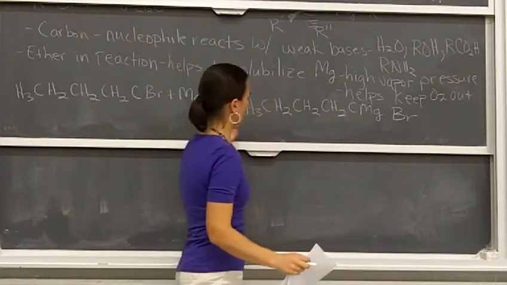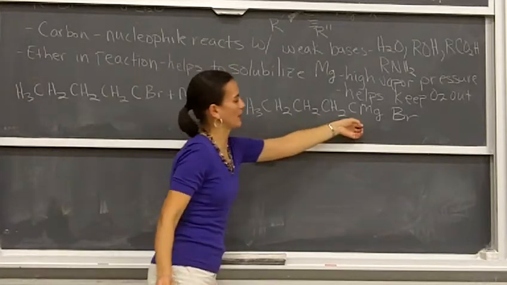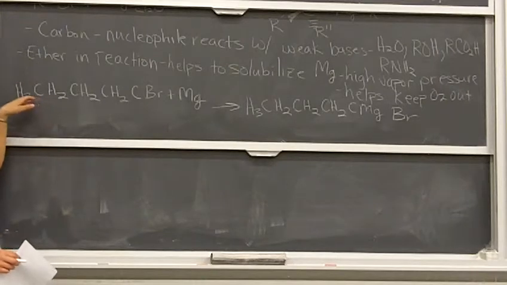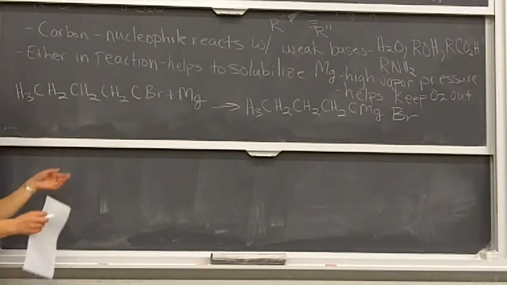So you'd get this magnesium bromide, so the butyl magnesium bromide out of it, okay? So as far as setting up what's going to happen with your Grignard reagent, this is pretty easy setup for figuring out what's going to happen, okay?